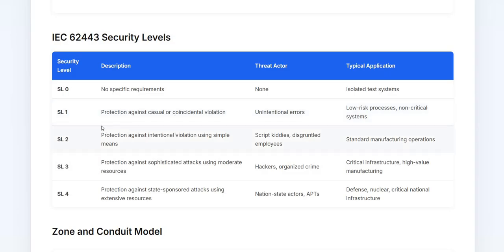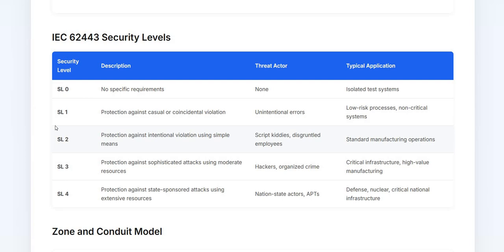At the lowest end, security level 0, you are basically dealing with test setups or lab systems. No protection is assumed there. As we move to security level 1, the focus shifts to accidental mistakes. Think of someone clicking the wrong thing or misconfiguring a setting. Nothing malicious, just human error.